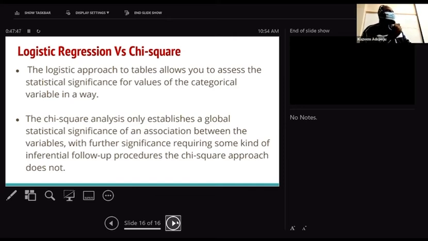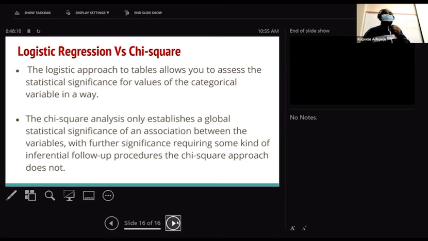As you can see, we fit a logistic regression model which enables us to assess the significance of the predictor. The predictor here is whether the parents smoke or not. Okay. And I also used a chi-square test of association to first investigate whether a relationship exists or not.